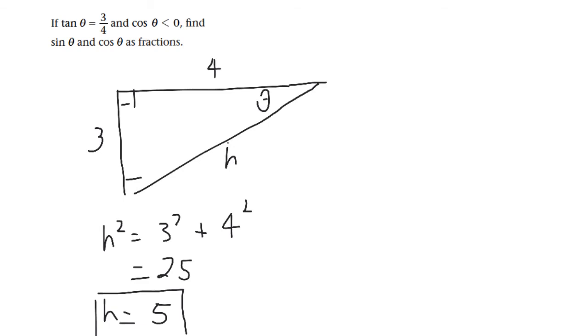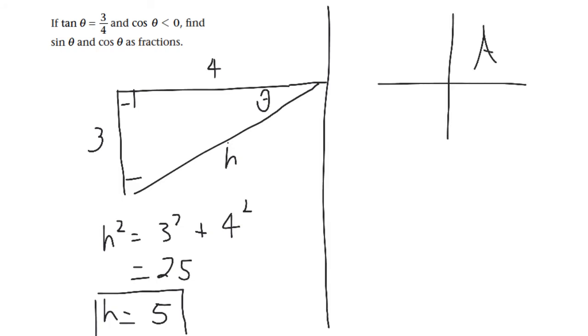Now, the other piece of information we're given is that cosine theta is negative. So what we've got here in our all stations to central, all positive, sine, tan, and cosine positive in the second, third, and fourth quadrants respectively, what we're told is that we know that tan theta is positive. So that means I can eliminate these two quadrants.